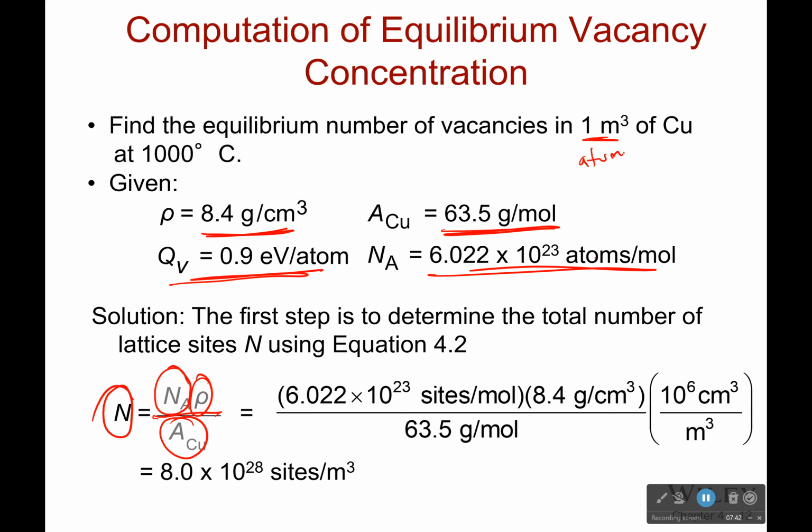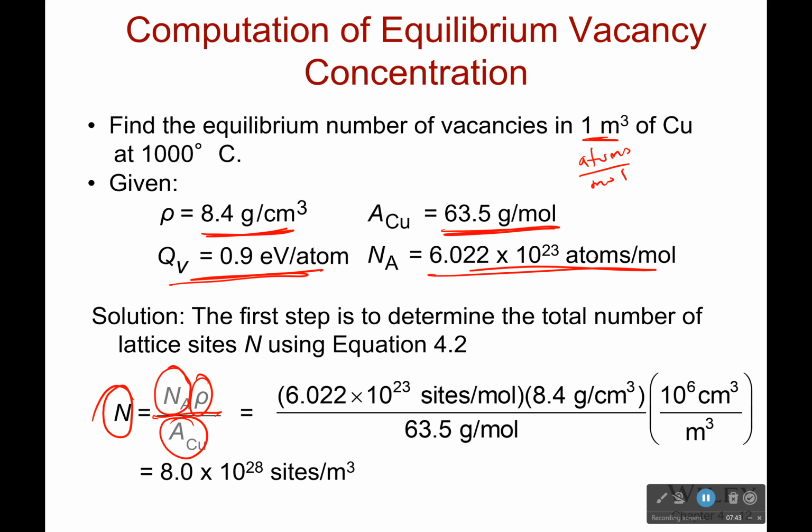We have atoms per mole times grams per centimeter cubed, all divided by grams per mole. Moles cancels, grams cancels, and I get atoms per centimeter cubed. And then when I convert, I get that I have 8 times 10 to the 28th sites per meter cubed.